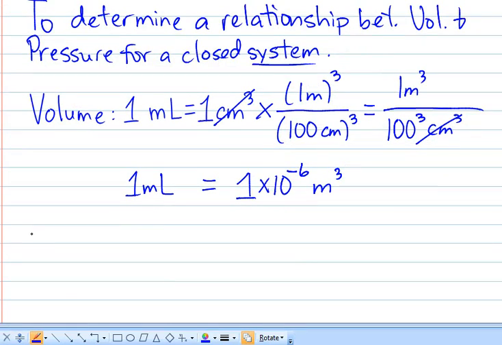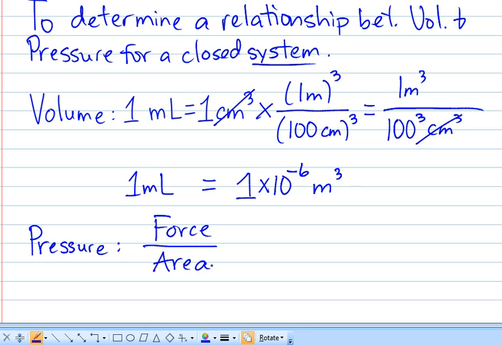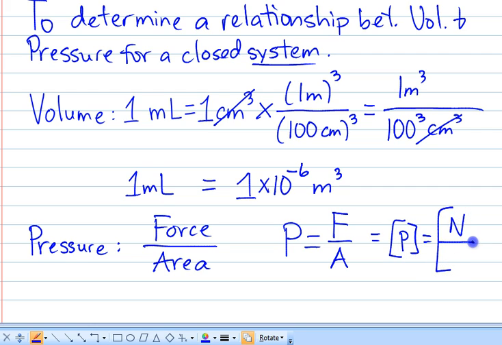The second thing is our definition of pressure. So we're going to say that pressure is force divided by area. Okay? And so P is equal to F over A. And most of the time the units of pressure are going to be the units of force, which are newtons, divided by the units of area.